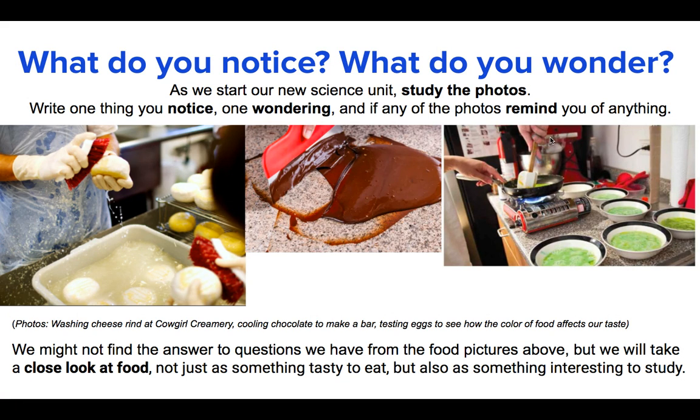And finally, this picture shows scientists testing eggs to see how the color of food affects our tastes. Now, we may not find the answer to questions we have from the food pictures above, but we will take a close look at food, not just as something tasty to eat, but also as something interesting to study.